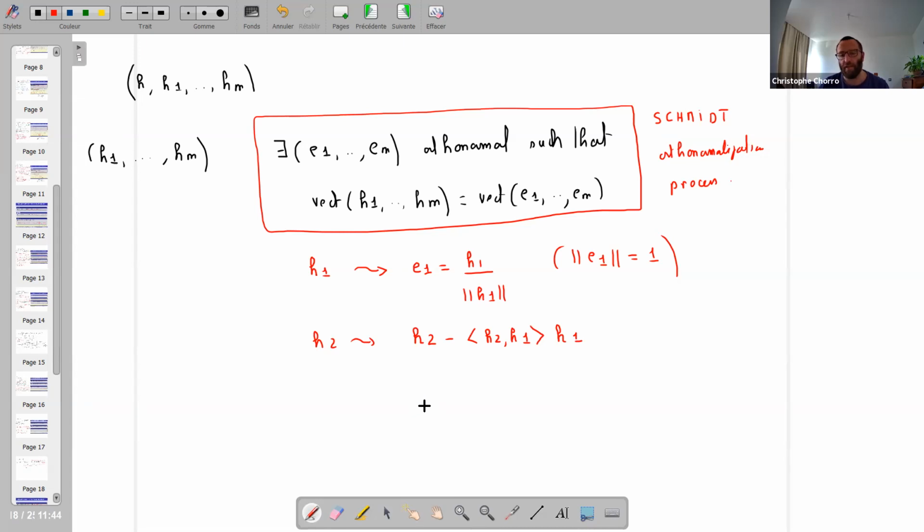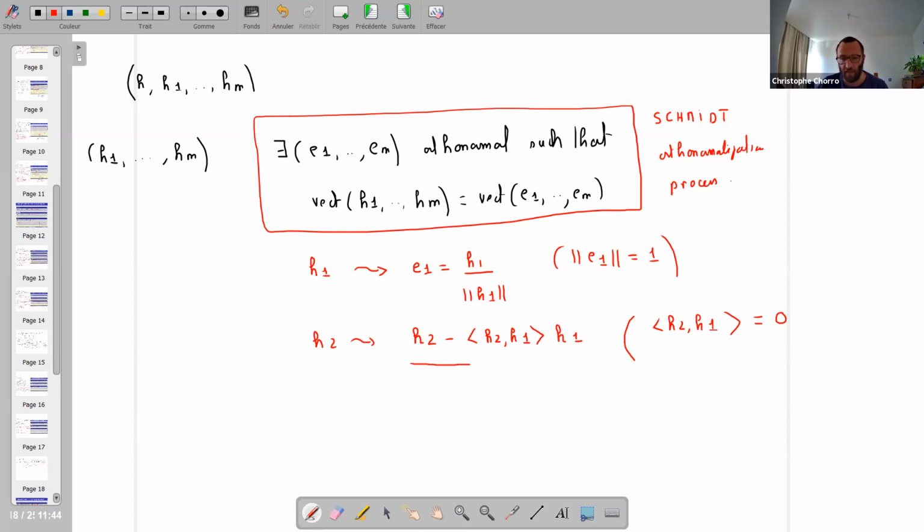If I do this, I obtain a vector such that the scalar product of H2 and H1 is 0, so the vectors are orthogonal.